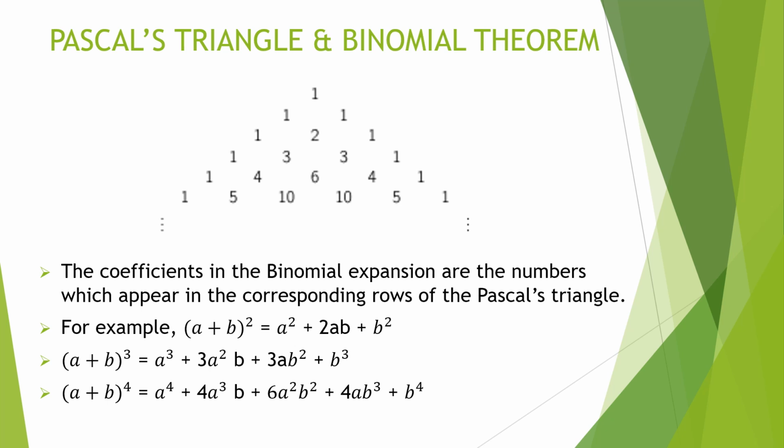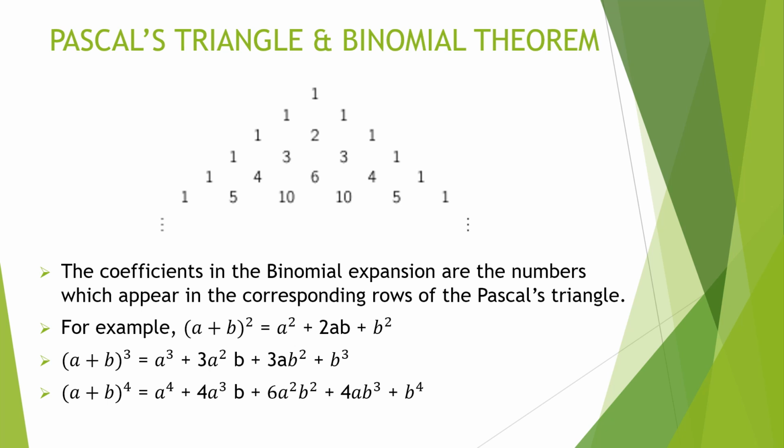For example, 1 plus 1 is 2. Then in the next row you have 1, 3, 3, 1. How did you get that? 2 plus 1 is 3. In the next row you have 1, 4, 6, 4, 1. How did you get that? 3 plus 1 in the above row gives you 4. 3 plus 3 gives you 6. And again 3 plus 1 gives you 4. This is how you get each row by adding the elements in the row above.